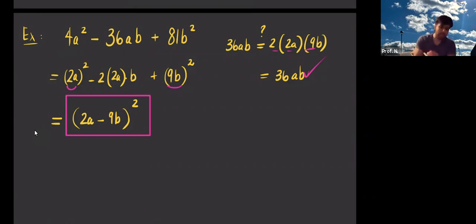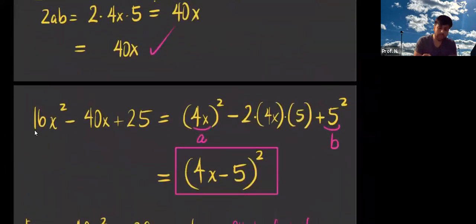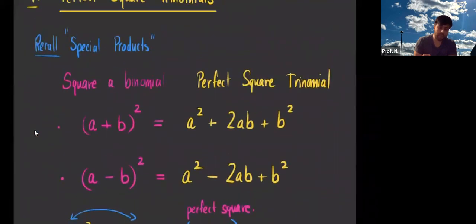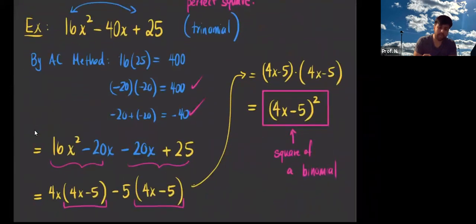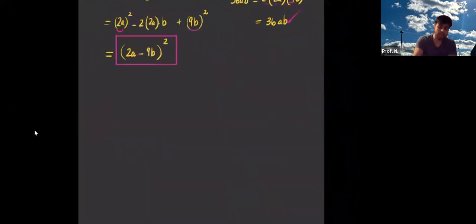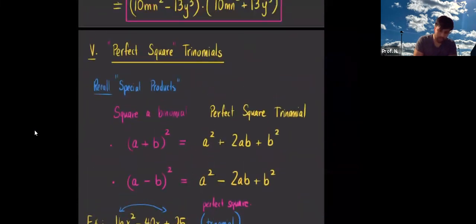So we've done difference of perfect squares, and now we've done factoring perfect square trinomials. So we've dealt with the difference of two squares and perfect square trinomials. That was the fifth one, if I'm not mistaken.